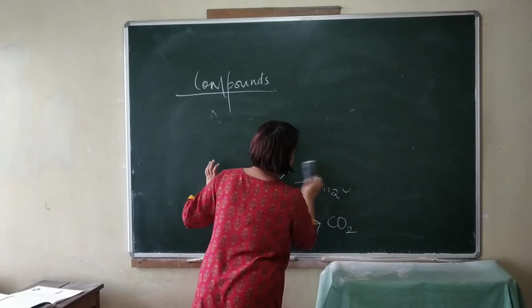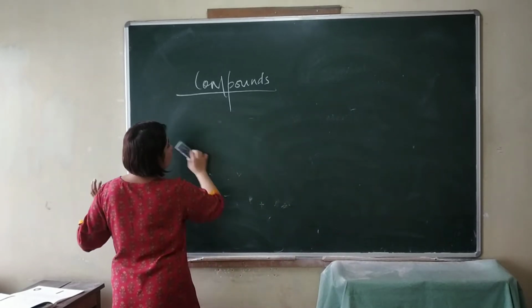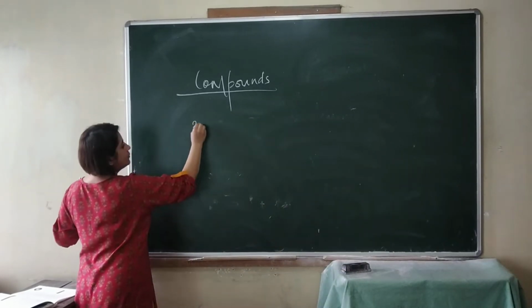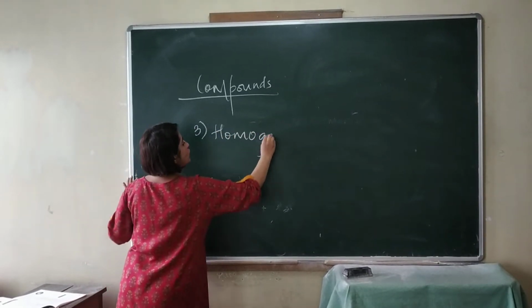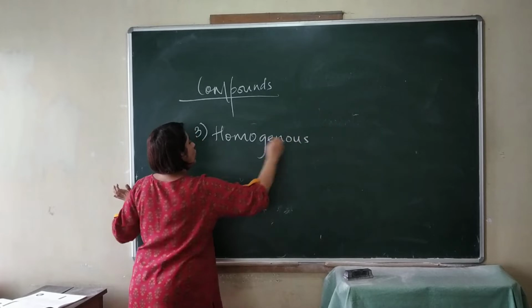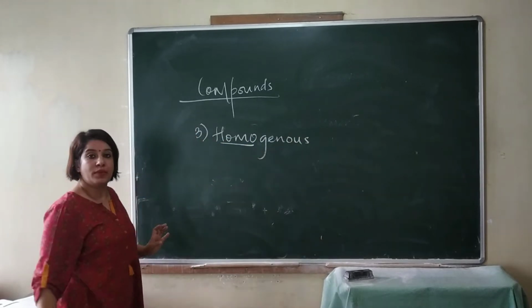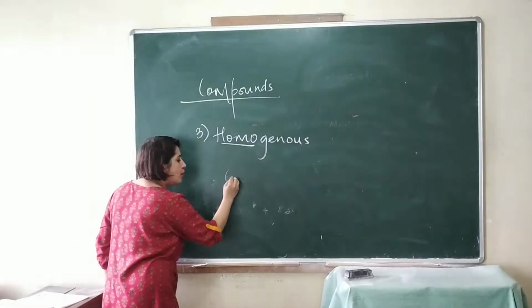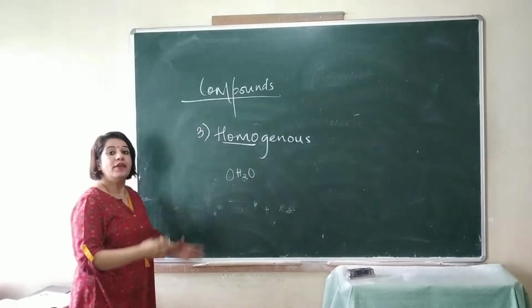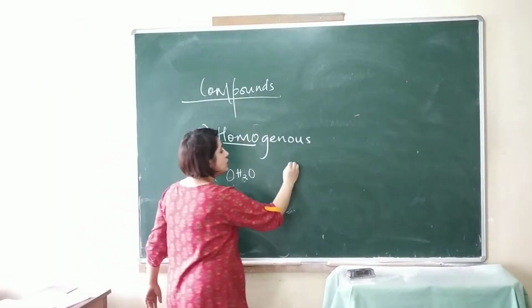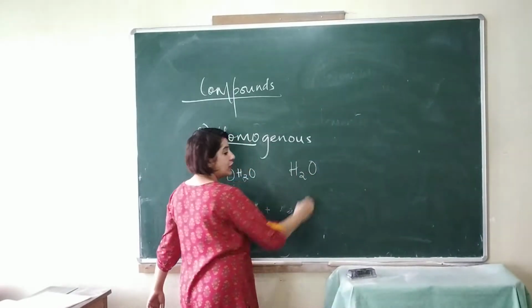The next one is, a compound is always homogeneous. What does the term homogeneous mean? Homo meaning same. That means if you take a drop of water, it contains H2O. If you take a bucket of water, it also contains H2O.